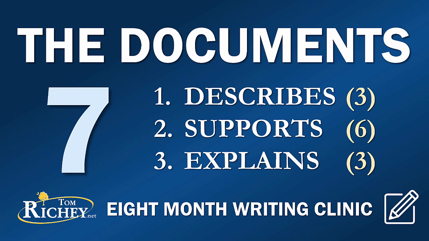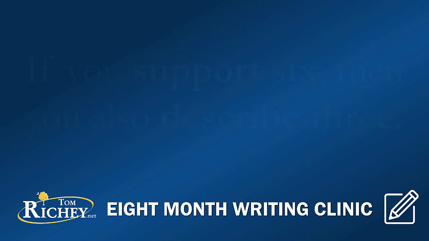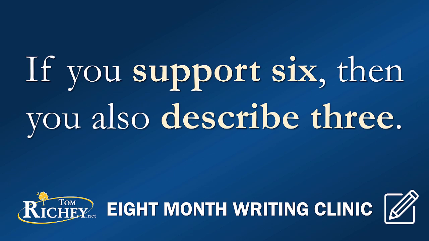Now, as we saw on the rubric, if you support something, you also describe it. So if you support 6, then you also describe 3. If you are using a document to support an argument and you do so skillfully, then you automatically get the point there, okay? Because you can describe and support in the same sentence.